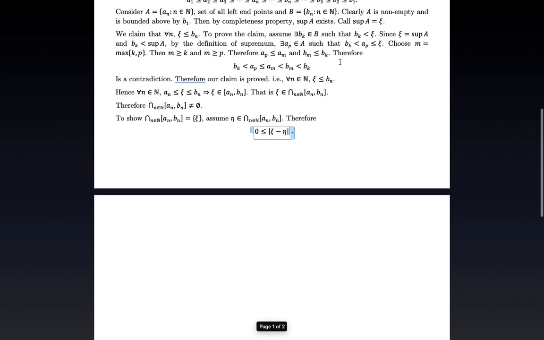So the distance of xi and eta should be smaller than or equal to Bn minus An for all n.